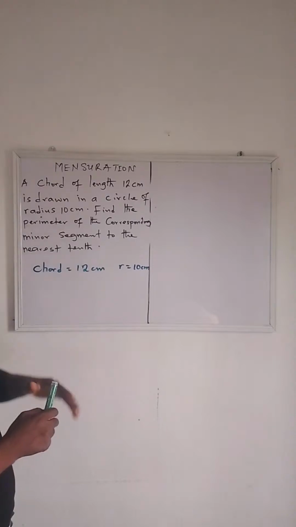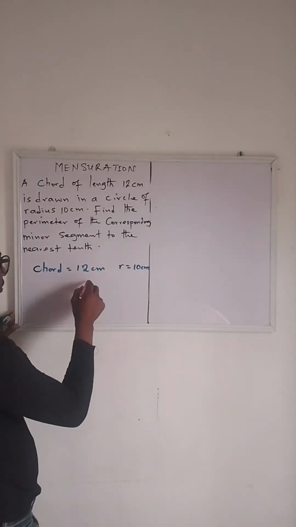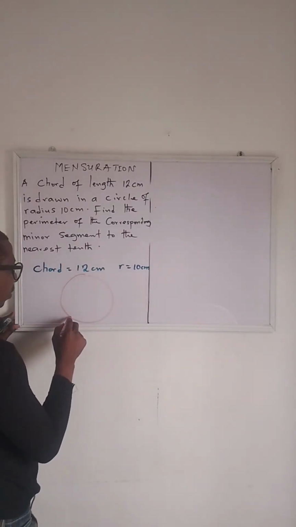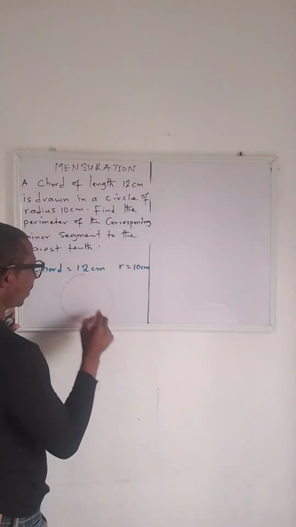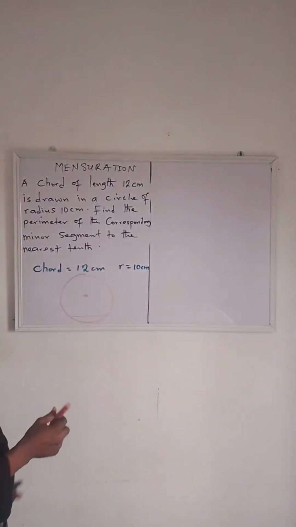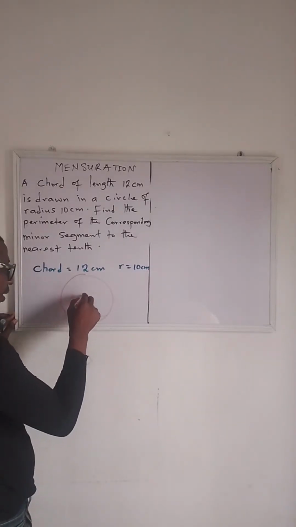Now let's look at it. We have a circle of this form, and we have a chord here. This is the center of the circle. Now we have a radius coming down like this.